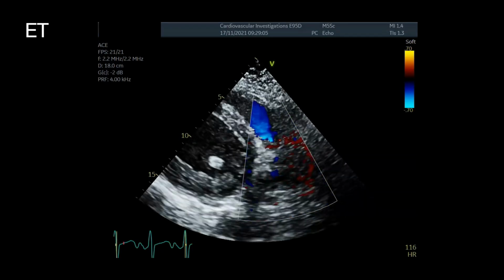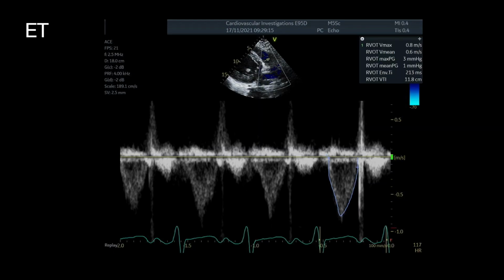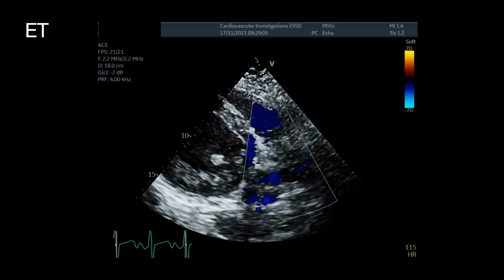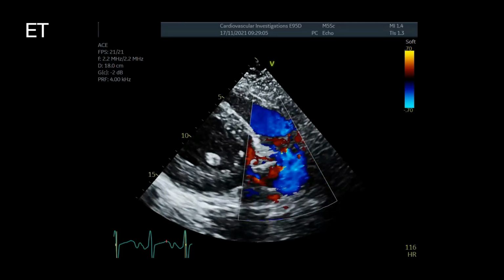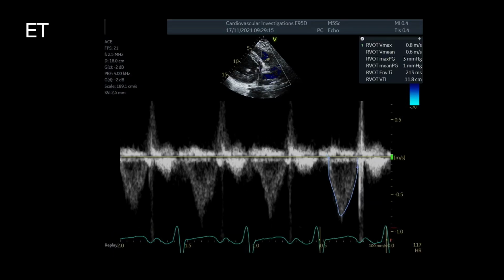And again, another view of the RV inflow. RV outflow. And from there, they've measured the RVOT Vmax and also pressure gradient and VTI, and that's been measured with pulse wave Doppler.